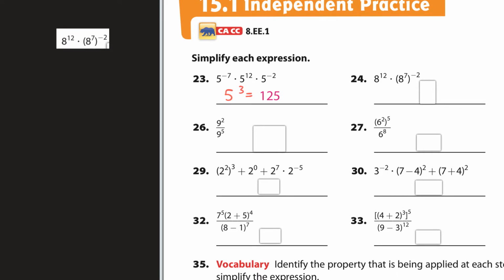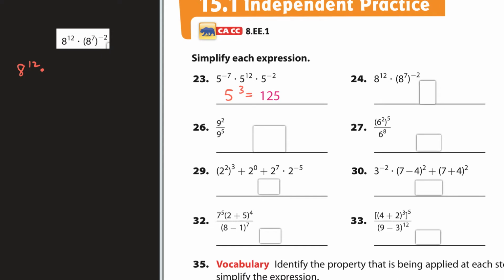Well, let's see. So 8 to the 12th, that is going to stay 8 to the 12th. So that's 8 to the 12th times 8 to the 7th taken to the negative second power. So what you can do with these is you can multiply these exponents.